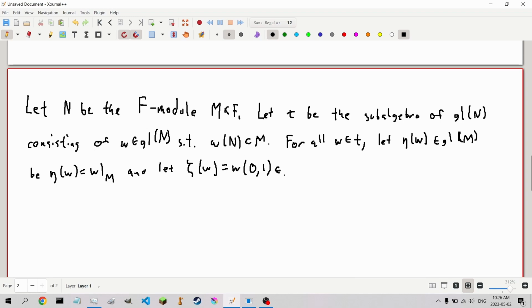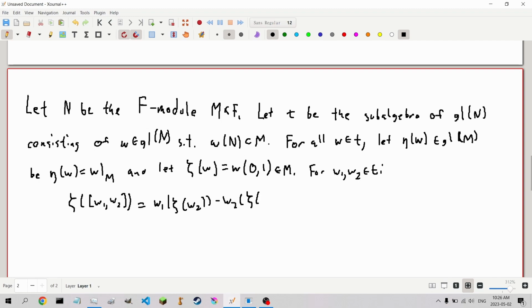And keep in mind this is still going to end up inside of M. Thus, for W1 and W2 inside of T, the bracket [W1, W2] is going to be equal to W1 of W2 minus W2 of W1, which is just going to be, to be more clear, that's a bracket.